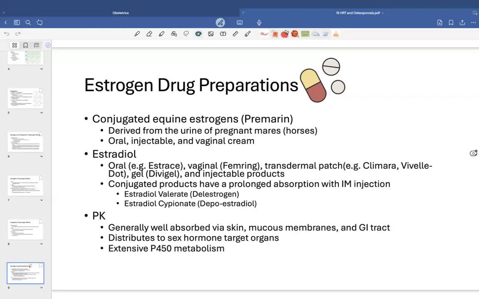Basically, when it's esterified, you give it as a depot injection. So all of those are available. Estrogen is very lipophilic, so it's absorbed well. You get a lot of bioavailability when you apply it to the skin, to the vaginal membrane and the GI tract, and it distributes to the intended sex hormone target organs.